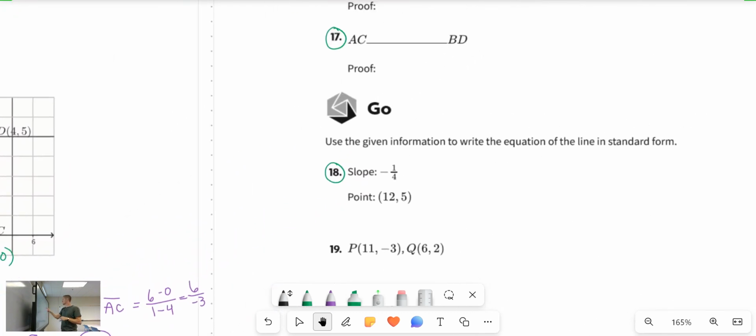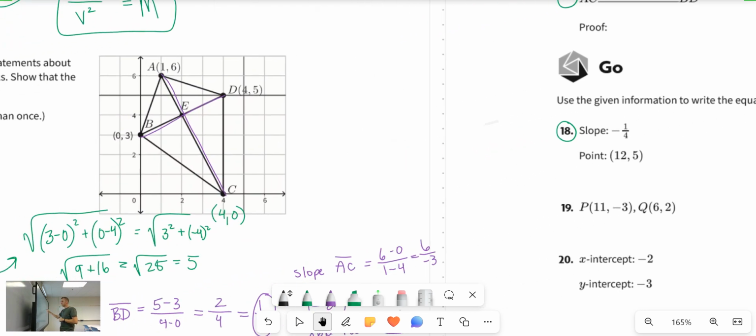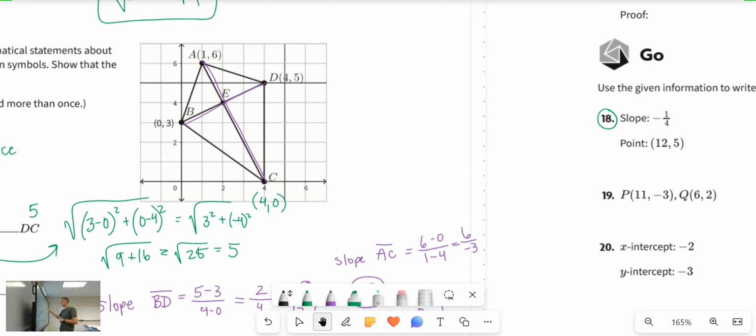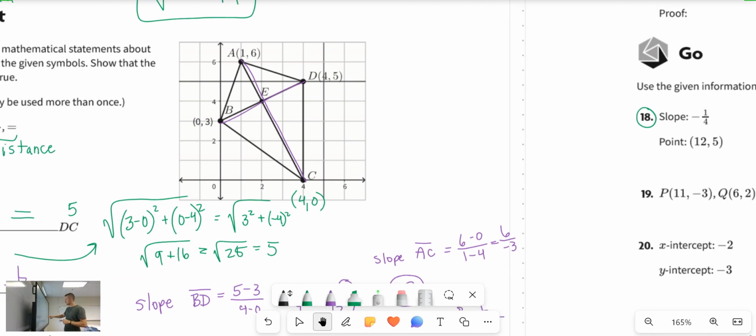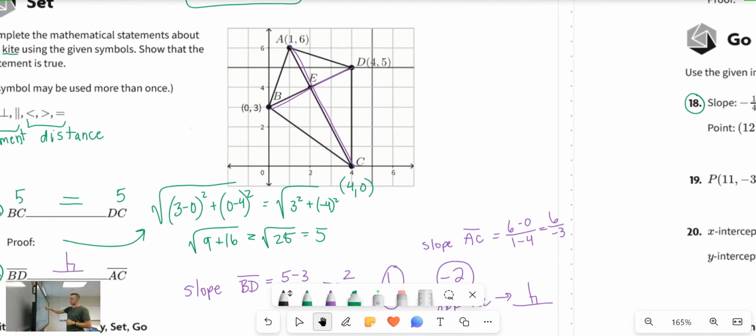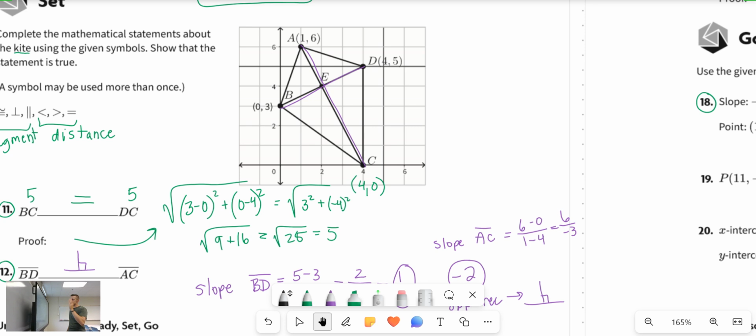If we look back at question 17, AC and BD, these are not segments, these are just distances. It's however far it is from A to C compared to however far it is from B to D. So when we go back, we're just looking at distances now. We are looking at whether A to C is less than B to D, greater than B to D, or if the two are equal.